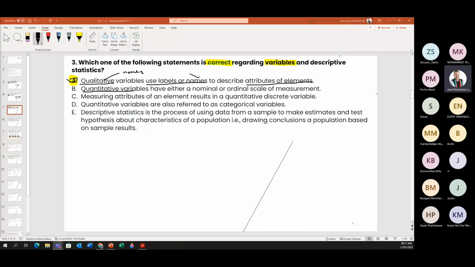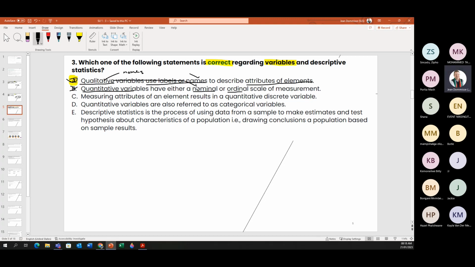Okay, so then the next one, quantitative. So that is something to do with quantity, with number of. So quantitative variables have either a nominal or ordinal scale of measurement, which is incorrect.